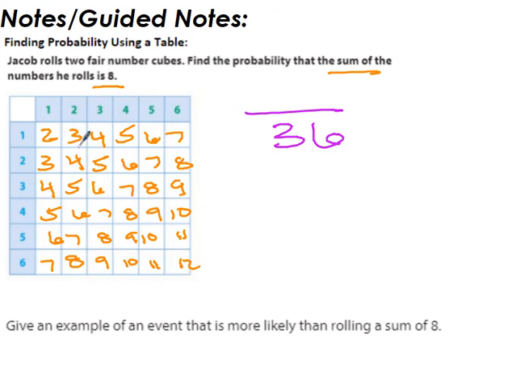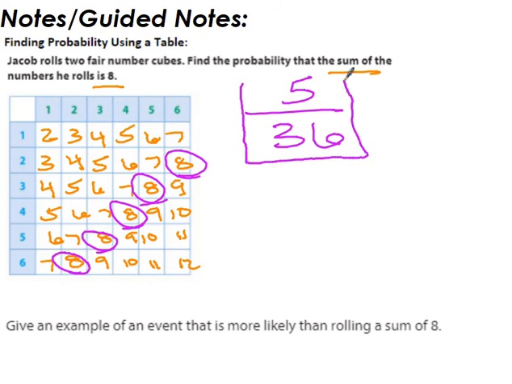Now I want to figure out how many of those are 8s. Well, I've got 1, 2, 3, 4, 5. So there are 5 possible combinations of the 2 dice to make an 8. Therefore there are 5 out of 36 chances to roll an 8. That's the probability of rolling an 8 when we roll 2 dice, not just 1. The reason this is a compound event is that I'm rolling more than 1 number cube. I'm now rolling 2.